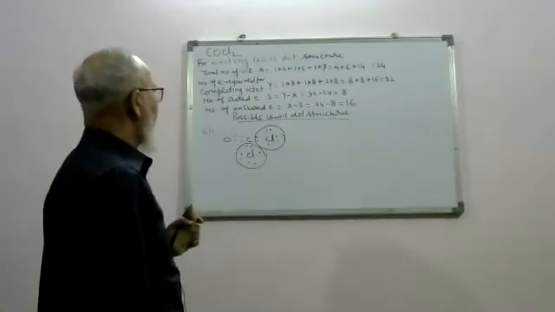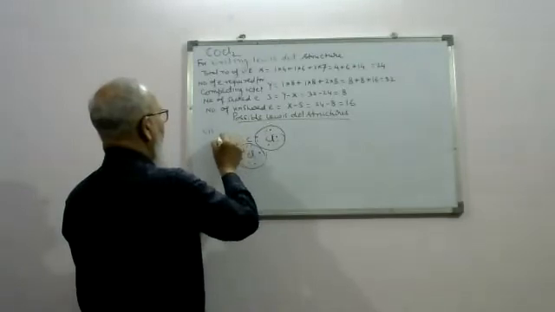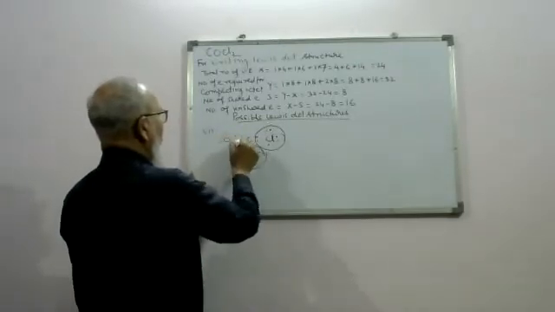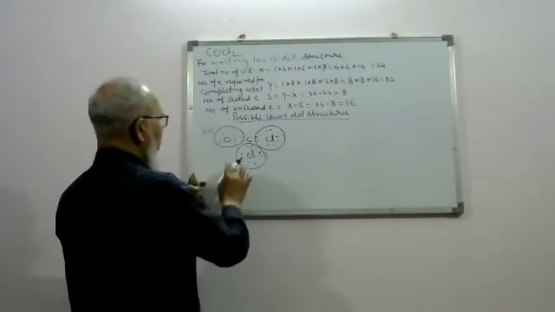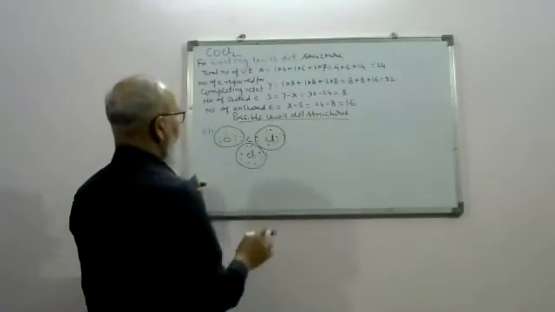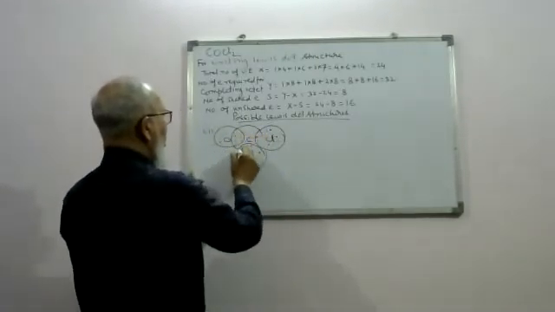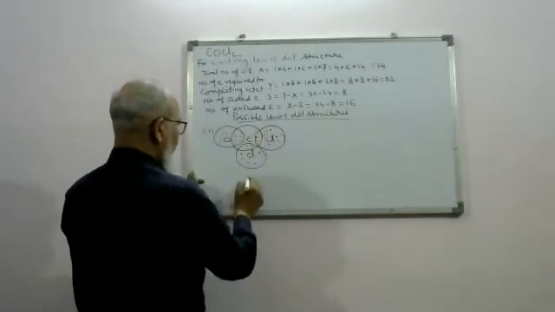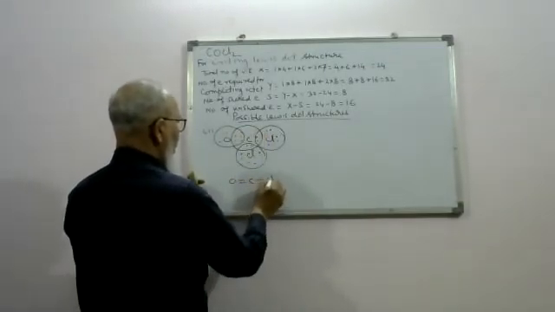And for this oxygen, 2, 4, 8. So unshared electrons: 2, 4, 6, 8, 10, 12, 14, 16. This carbon has completed its octet. So this is your C double bond O, Cl.